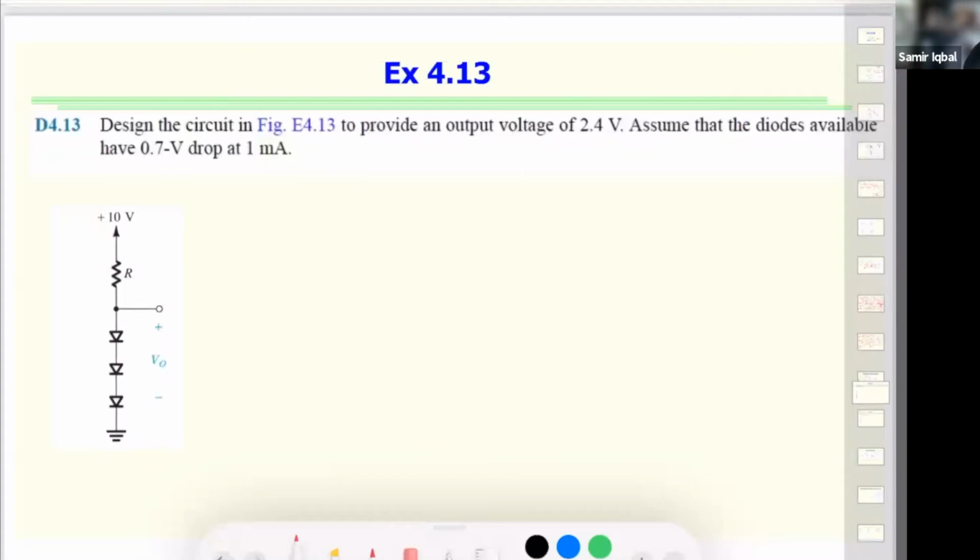It says provide an output voltage of 2.4 volt. Assume that all the diodes have 0.7 volt drop at 1 milliamp. So this is the current through a diode, 1 milliamp, and we said this is I_S e to the power 0.7 divided by V_T.